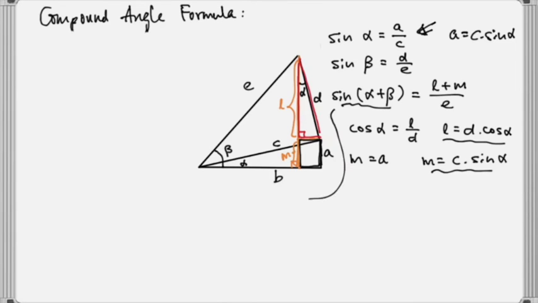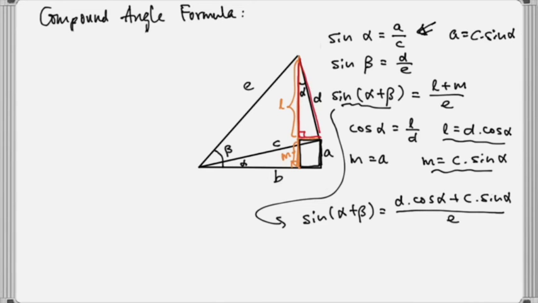Now, I'm going to plug in all those quantities into this formula. So sine of the combined angle, alpha plus beta, is going to be equal to L plus M, and L is D times cosine alpha, M is C times sine alpha, all divided by E. Okay, and I'm going to split the fraction now into two parts.